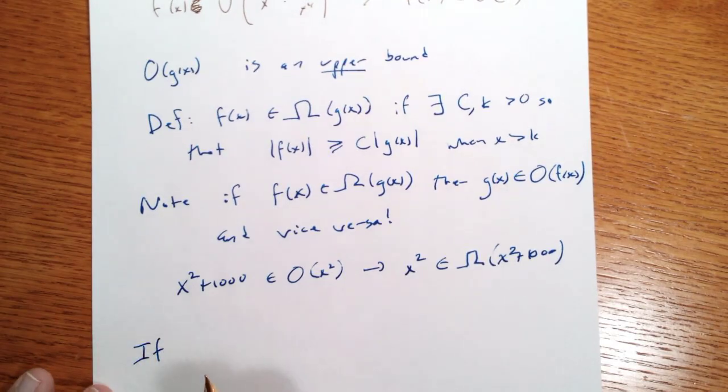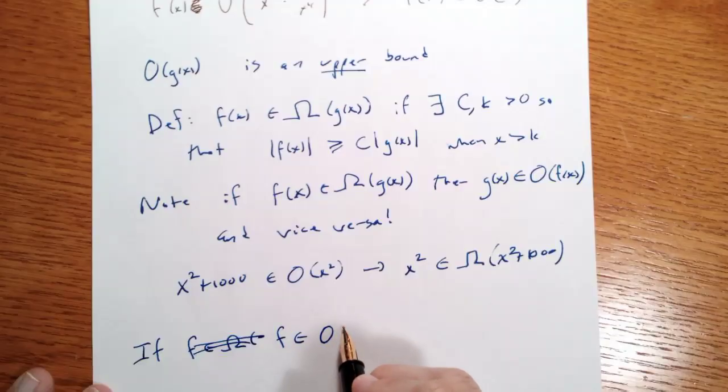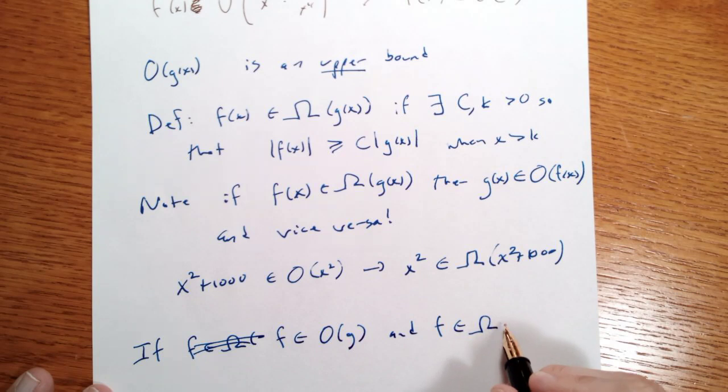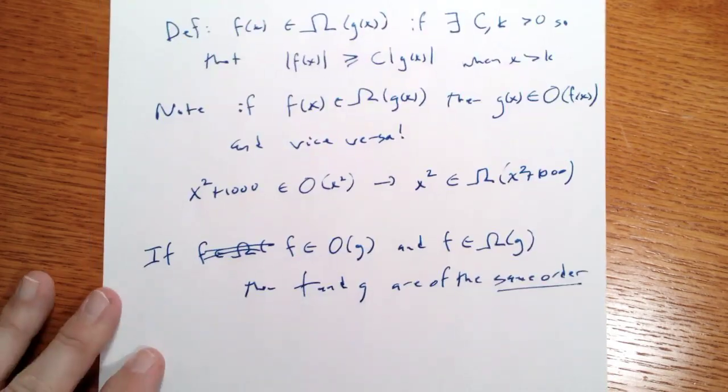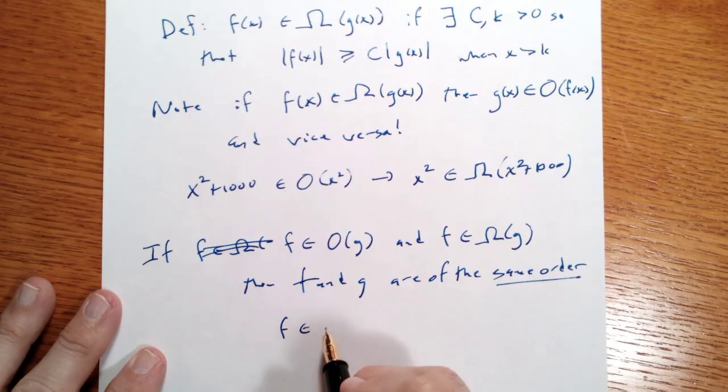If f is in big O of g and f is in big omega of g, then f and g are of the same order. And we usually write f is in theta of g.